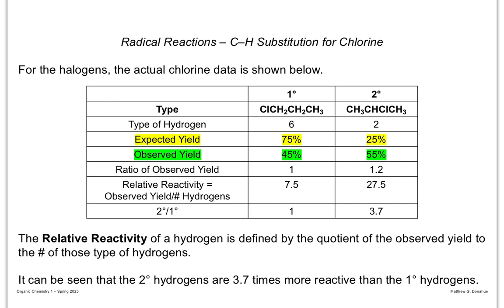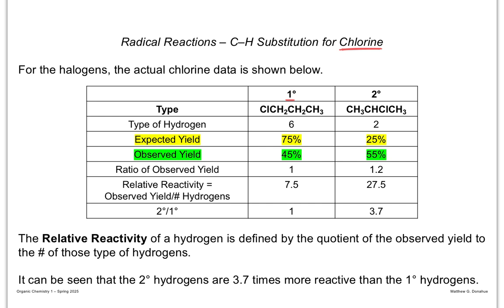So let's run through the logic of this table. The first column is talking about type. The second column is when we're substituting a primary hydrogen for a halogen. In this case, we're specifically looking at chlorine, because we're going to see that these values change when we look at bromine.